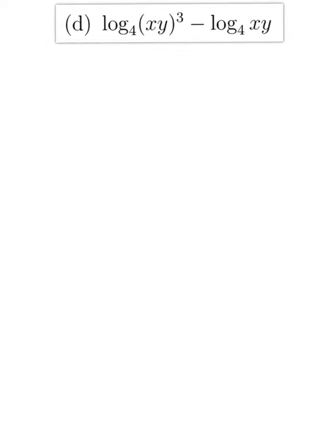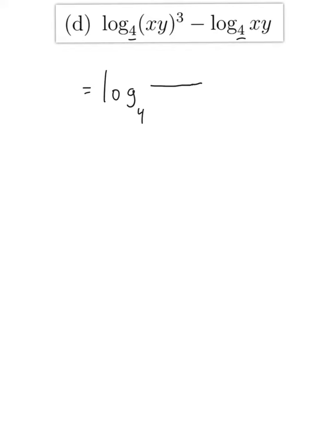Okay, we notice that we have subtraction here, and we have two logs with the same base. So we're going to combine these. These two bases are 4, so when we combine it, our log is going to have a base 4. The subtraction means we're going to have a fraction in our log.